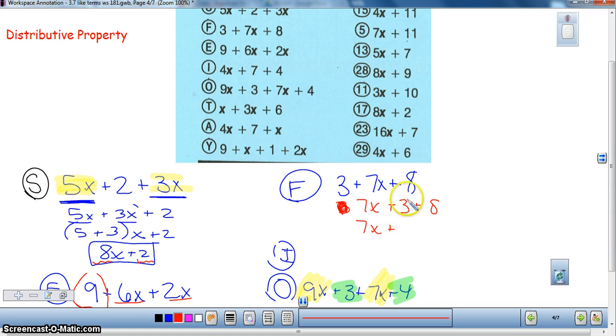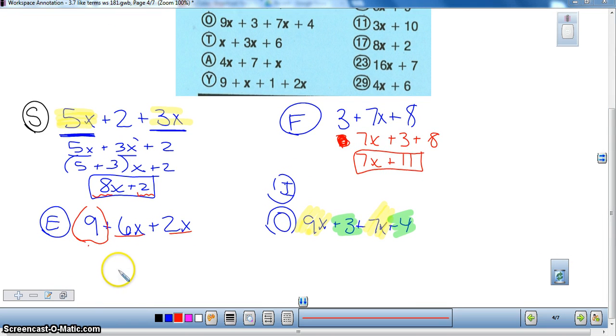So 7x plus, now we probably don't even need to group these and put them in a parenthesis. 8 plus 3 gives us 11. Again, we cannot combine x plus 11. And if you want to think of the x's, these might be my calculators I'm holding up in the front of class, and these might be notebook paper. We cannot make it into a paper calculator, so if that helps you to think about that problem.